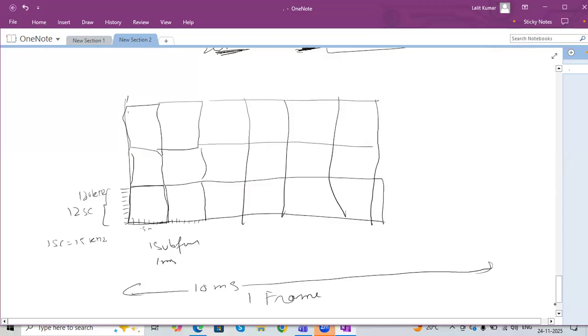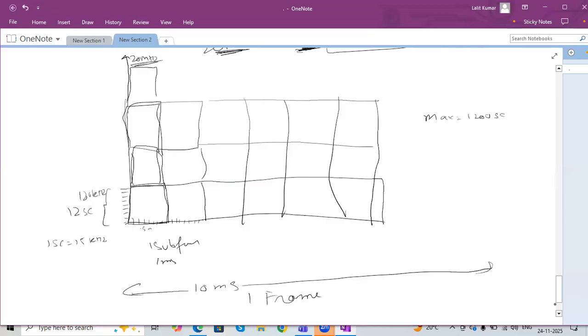This will go up to 20 megahertz. So the maximum number of subcarriers will be 1,200 subcarriers in 20 megahertz bandwidth. And how many stacks will come? 100, numbered 0 to 99.